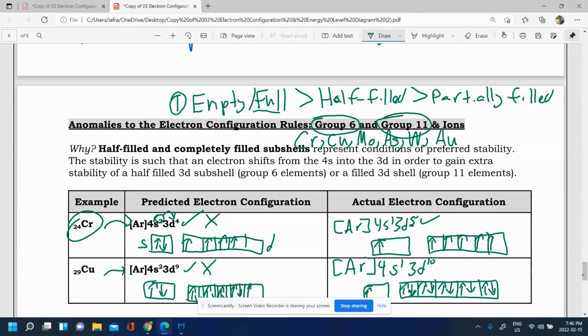So if you could get all full, that's the most stable. If you can't get all full, half filled is next, and then partially filled would be after that.